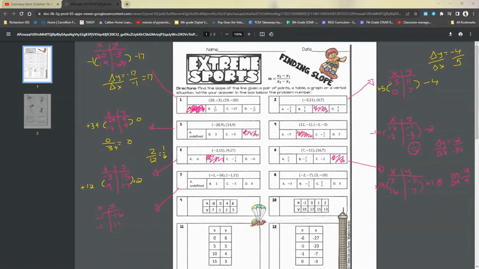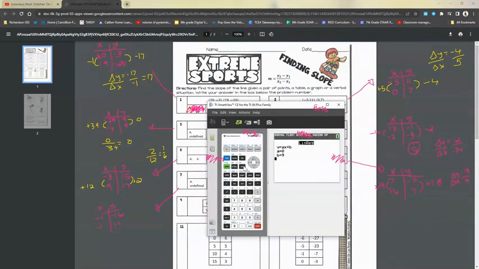So I grab my calculator. I press stat, enter. I clear my previous tables that I had. Go down, go across, go up, go down. And then I plug this in. So it's negative 1, enter, negative 1, enter. And then we go across and we do negative 16 and 11.